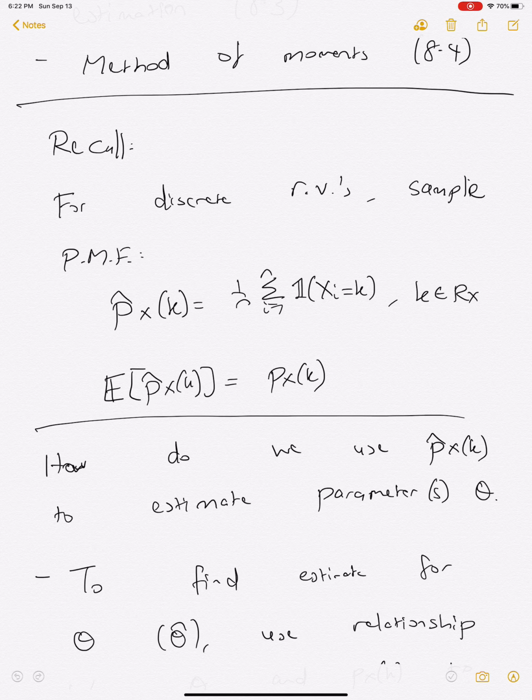So you just add up when the random variables equal a particular value and then take an average. We saw a Netflix example, which we'll return to later, where we calculated that sample PMF. And the key property that we saw from the previous lecture was that the sample PMF in expectation equals the population PMF.